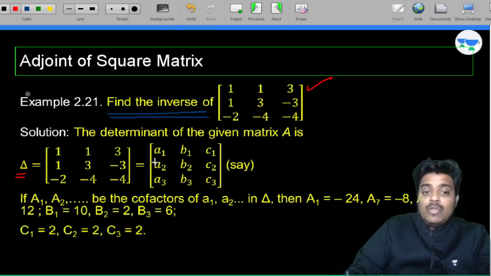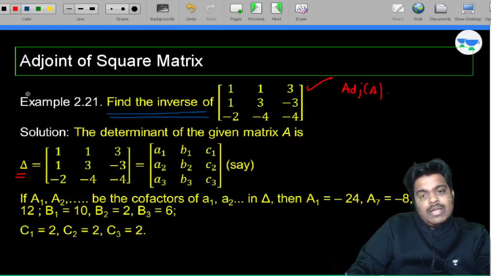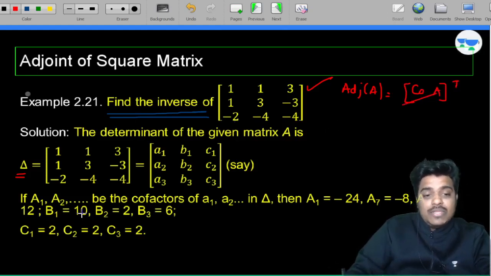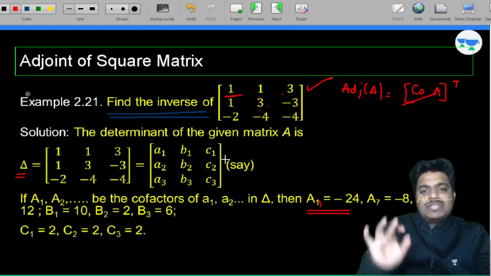Second to that, we also need to calculate the value of the adjoint of A. Adjoint of A is nothing but the transpose of the cofactor matrix of A. For this you need the cofactor of each value, so you can calculate the cofactor of A11. Here they have denoted A1, A2, A3, A4, A5, A6, A7, A8, A9. Similarly, go on with the process that I have taught you.